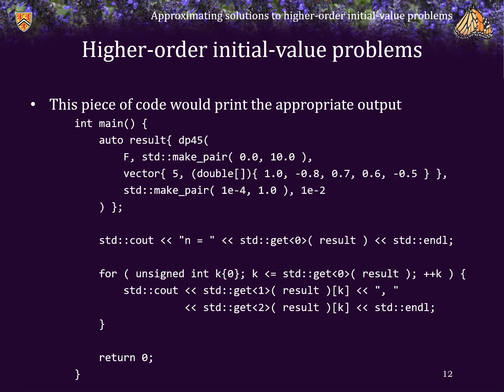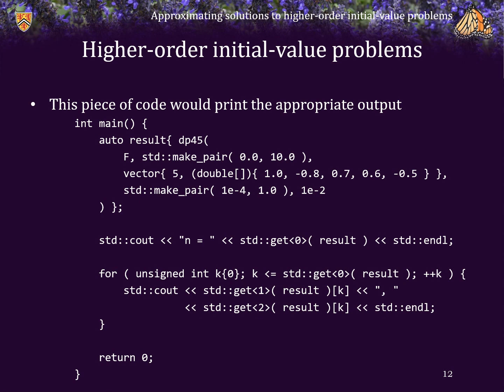Now here we can actually make use of this, where we will approximate a solution using our dp45 function. So we begin by simply declaring the local variable result to be whatever type is returned by dp45.